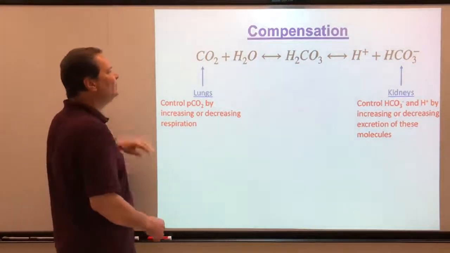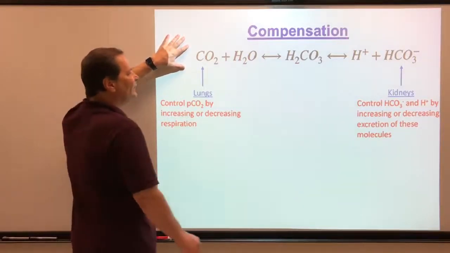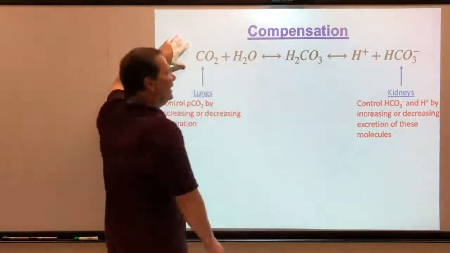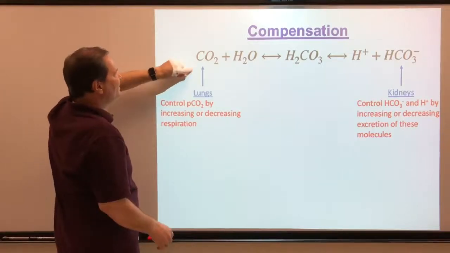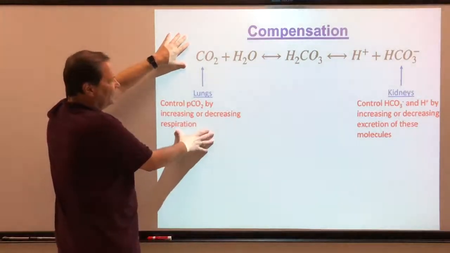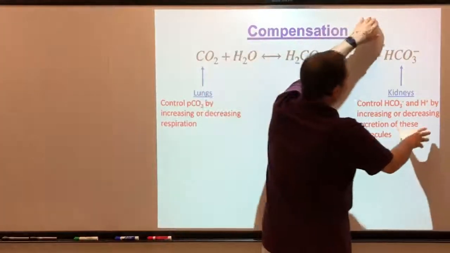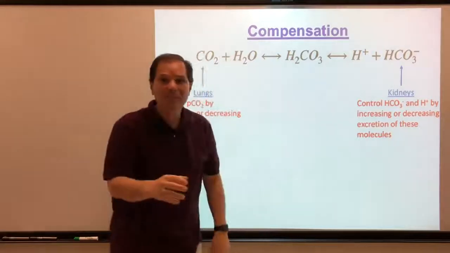But basically, here's your carbonic acid equation. And what's happening is your hydrogen ion concentration is being changed by either changing carbon dioxide through the lungs, or by changing the bicarbonate through the kidneys. All right?